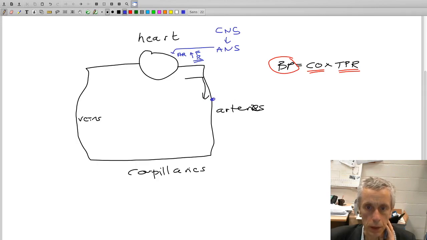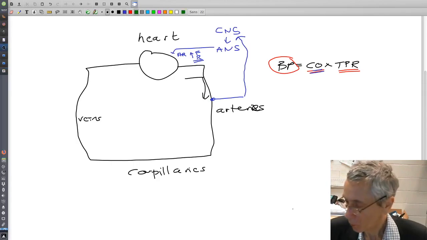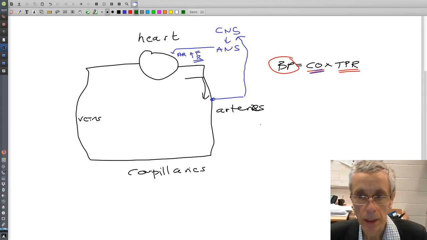Baroreceptors in the arteries detect increases in blood pressure and then, through this loop, cause a change in the contractility of the heart. So that's us changing the cardiac output. So that's how the autonomic nervous system plays its part in controlling the blood pressure through changing cardiac output. It does more than that, which I'll show you in just a minute.